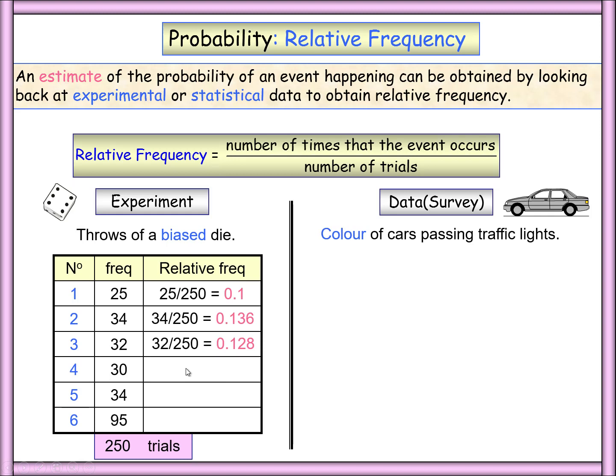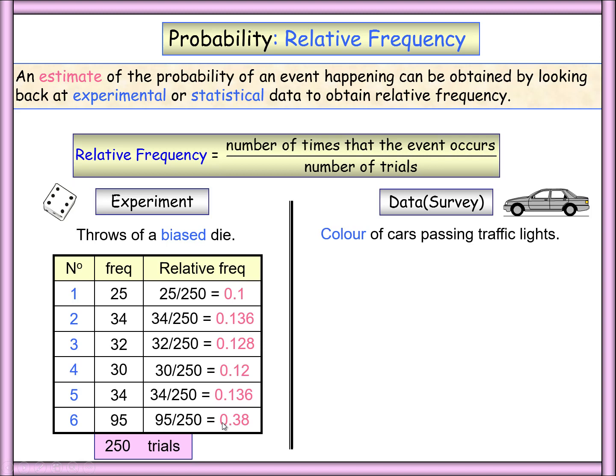30 will give us a probability of 0.12. 34 is a probability of 0.136, and then 95 is the highest number of times it's occurred. It's almost 3 times as likely as any of the others, or in some cases even more. So it's 0.38.